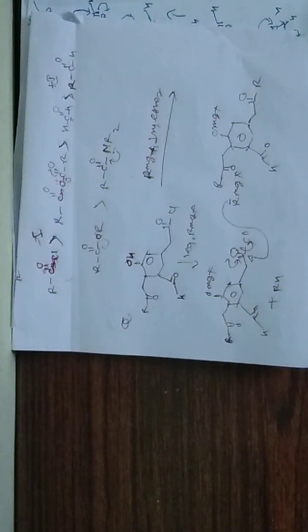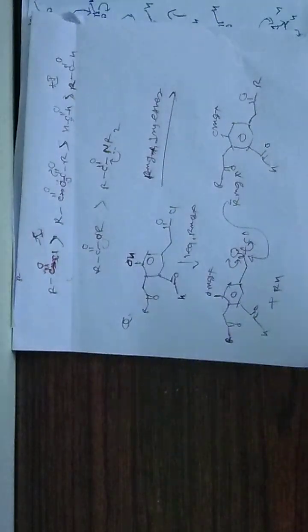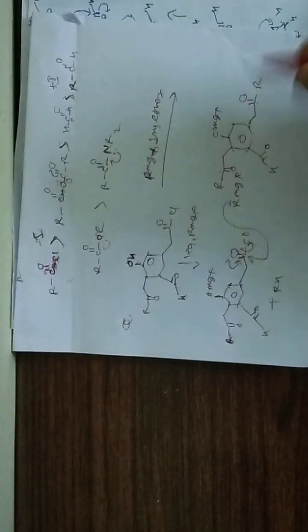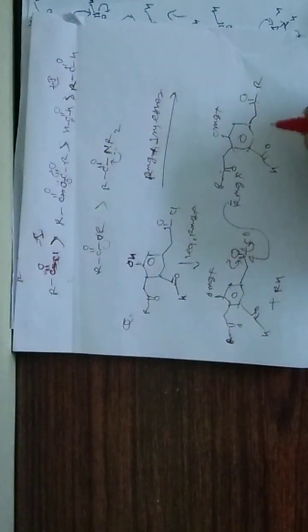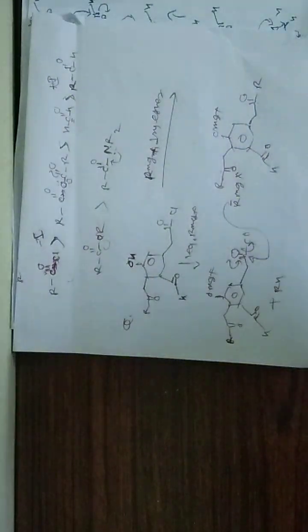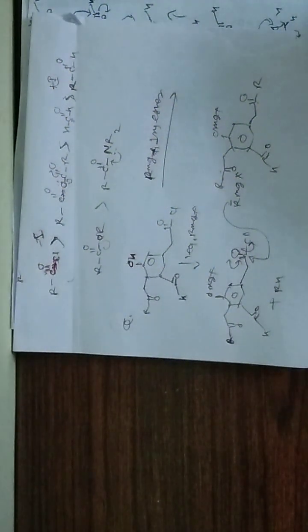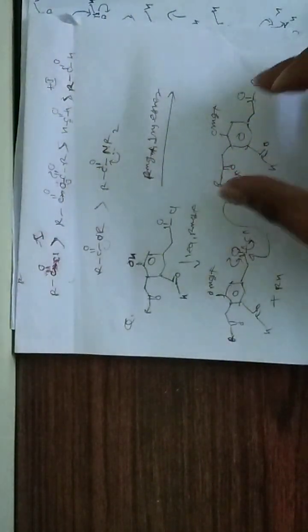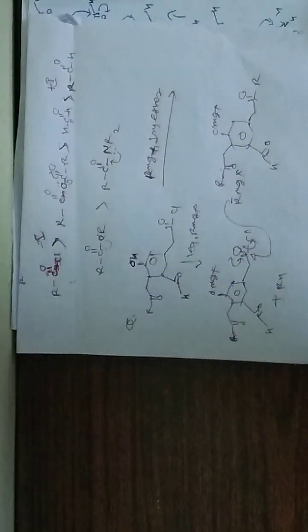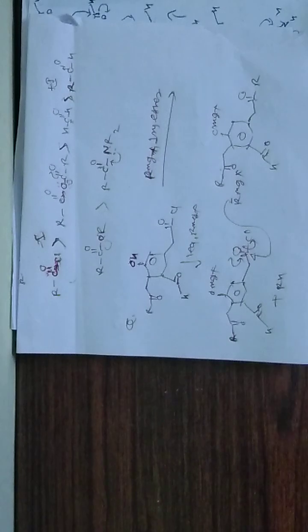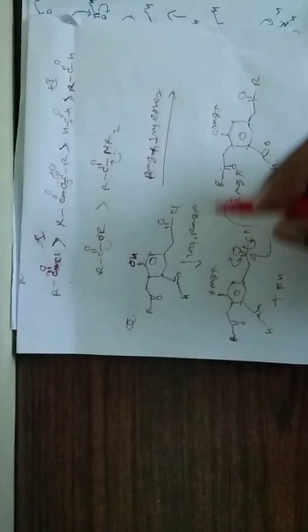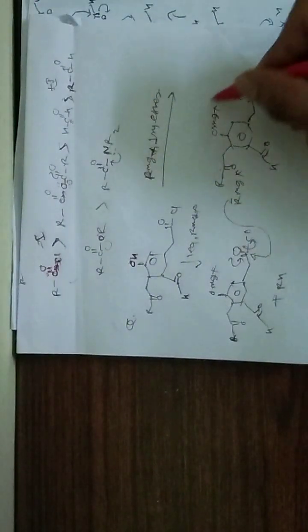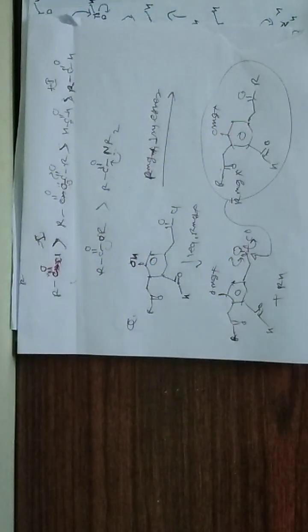Among these, this is a ketone and this is an aldehyde. Therefore, it will preferentially react with the aldehyde carbon. If I add one more equivalent of Grignard reagent, it will react with this one or this one because both are the same. So please remember the reactivity of the groups also, because questions will be asked depending on the equivalents of Grignard reagent. If I add two equivalents, then the product formed is like that.